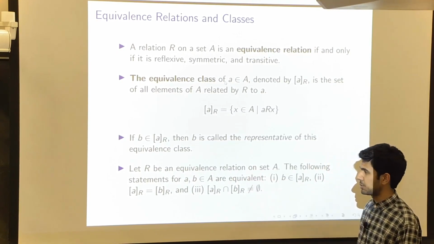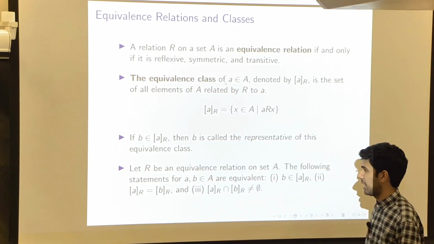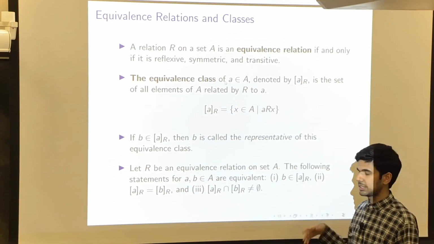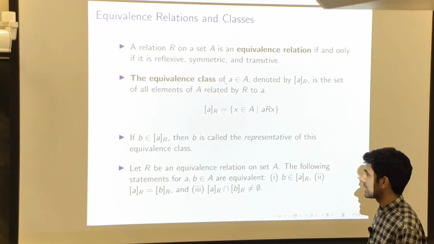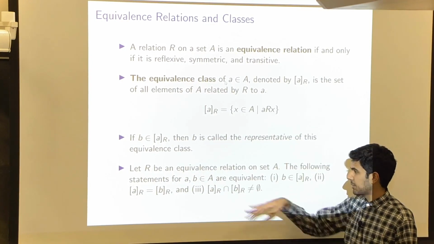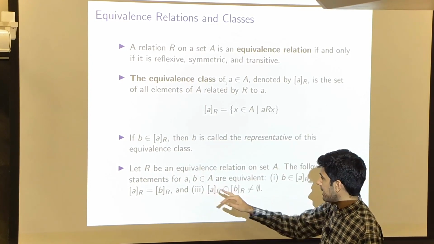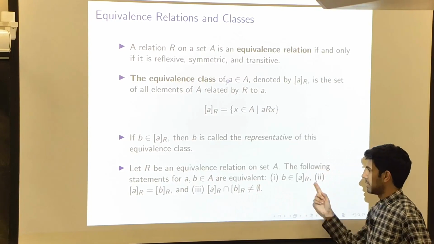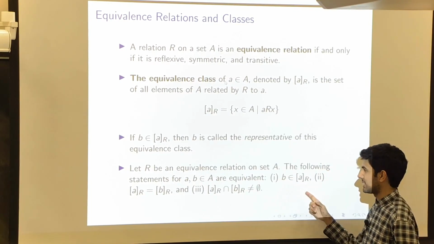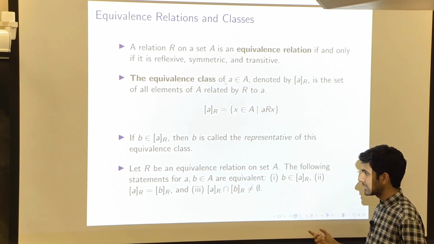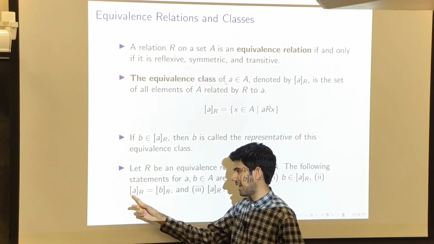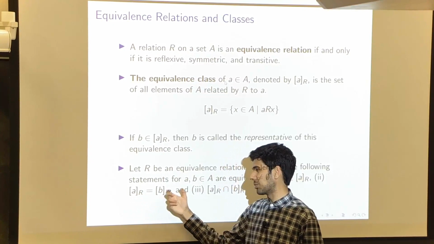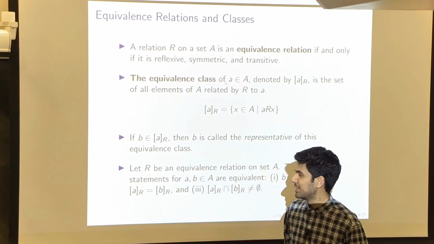Lastly, we get to this bullet point, which is quite good. It's one of those equivalent statements that we saw for trees, now for equivalence classes. This says that if we have two elements a and b in A, the following are equivalent. First, b is an element of this equivalence class. That implies that the equivalence class with representative a is equal to the equivalence class with representative b.